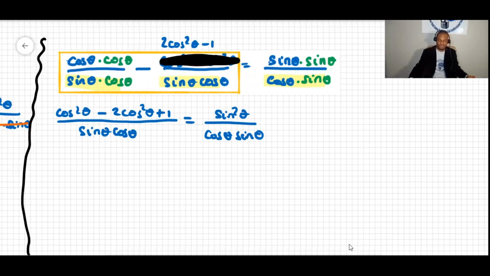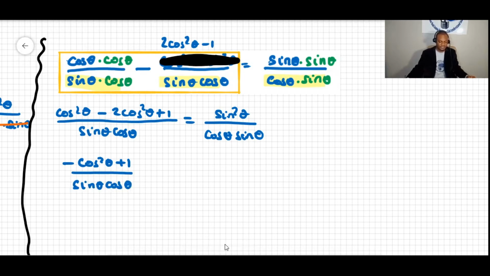Now, cos squared minus 2 cos squared here will make negative cos squared, okay? That will make negative cos squared theta plus 1 all over sin theta cos theta.